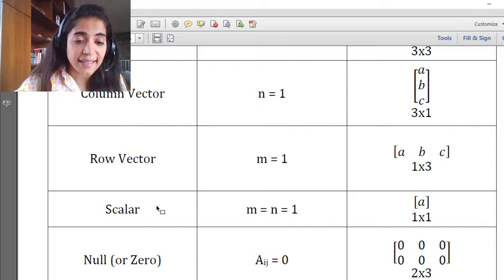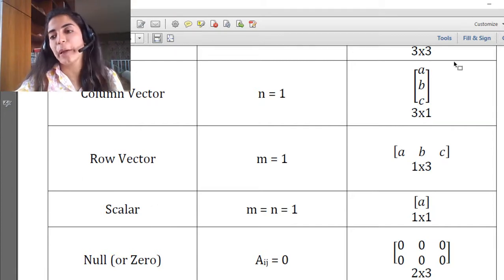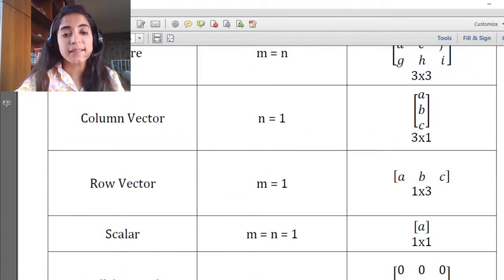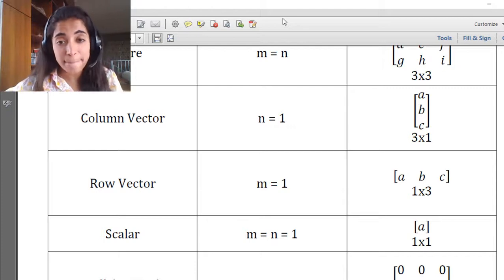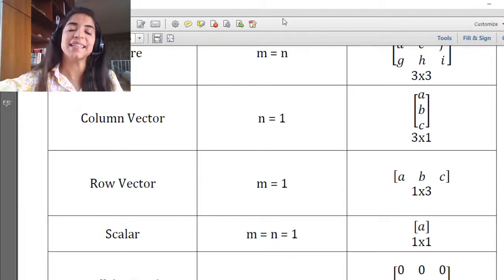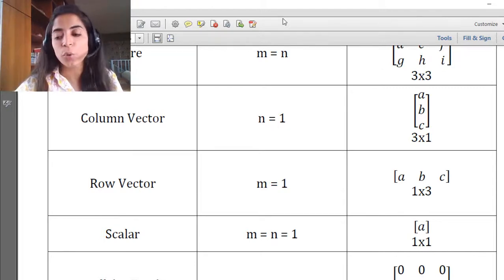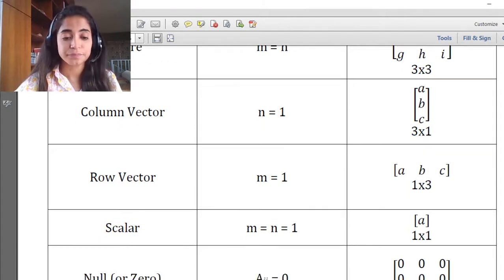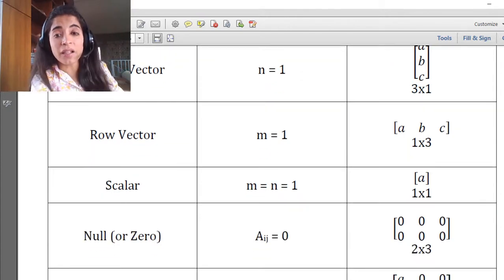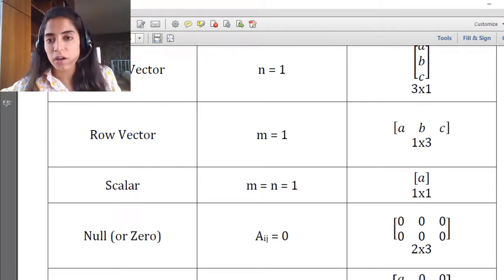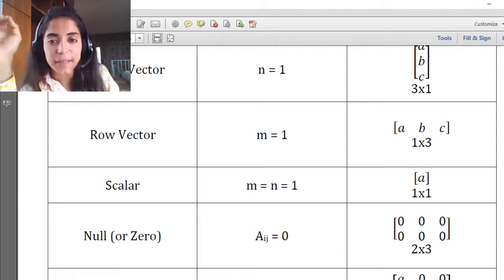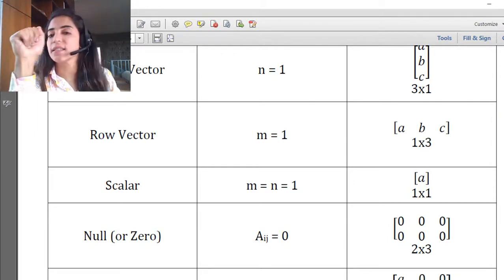Now, as I said, a scalar matrix, which is also a type of matrices, is basically a square matrix with another additional requirement, which is m is equal to n is equal to 1. So I only have one row and one column. A null matrix is basically a type of matrices where all the elements are equal to 0. This doesn't mean, guys, that the matrix has a 0 size.